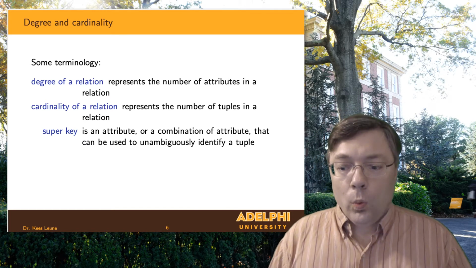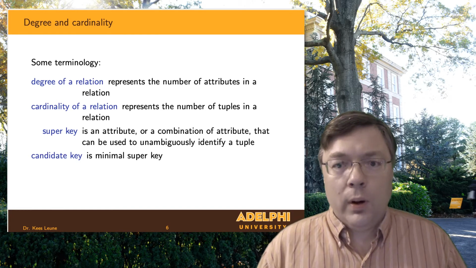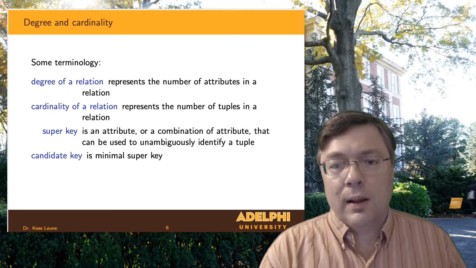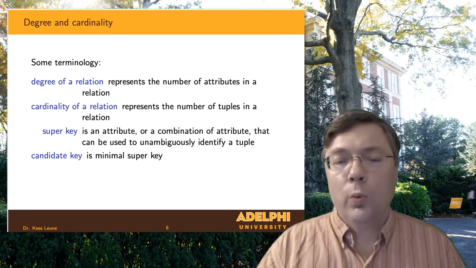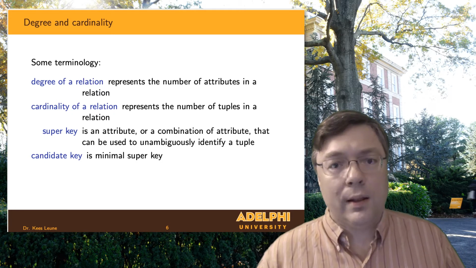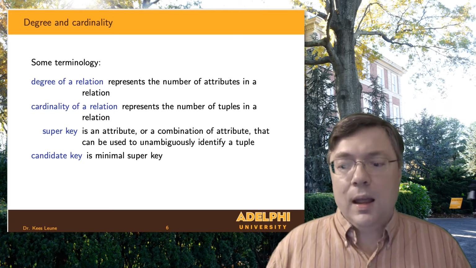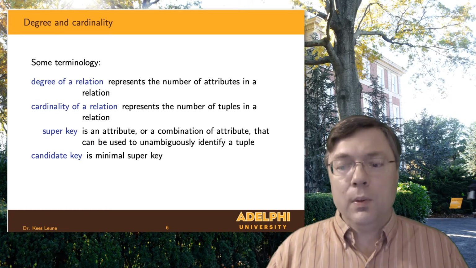Now, in the example I just gave you, on the one hand we could use first name, last name, date of birth. That is a combination of 3 attributes. Or we could use email address. That is 1 attribute. What we say is that the minimal superkey is the smallest superkey we can create.